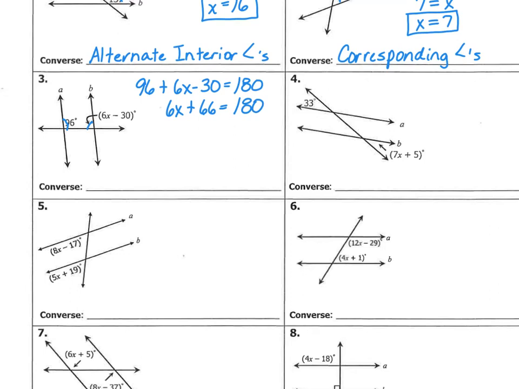Subtract 66 from both sides. 6x is equal to 114. Divide both sides by 6. So x is equal to 19. And again, the converse that we used to prove those lines parallel was our consecutive interior angles.